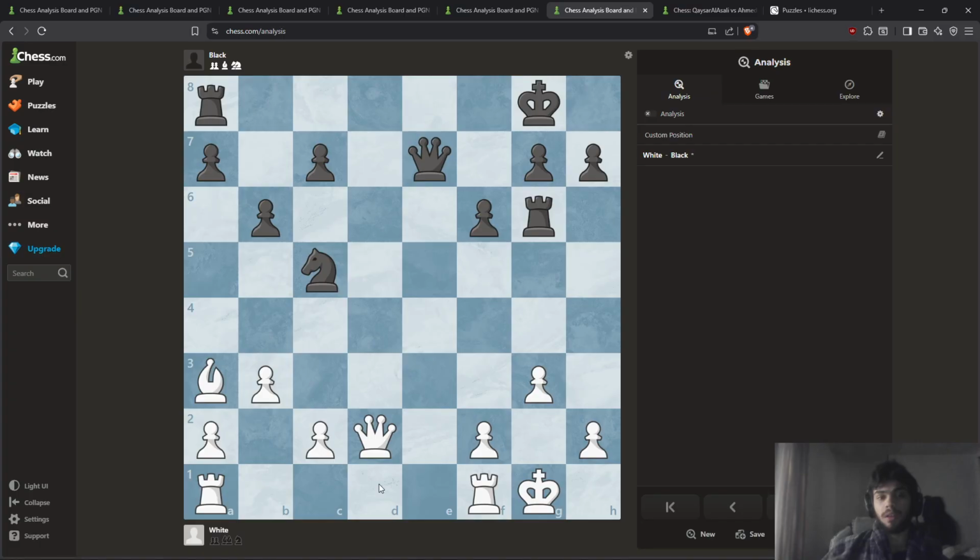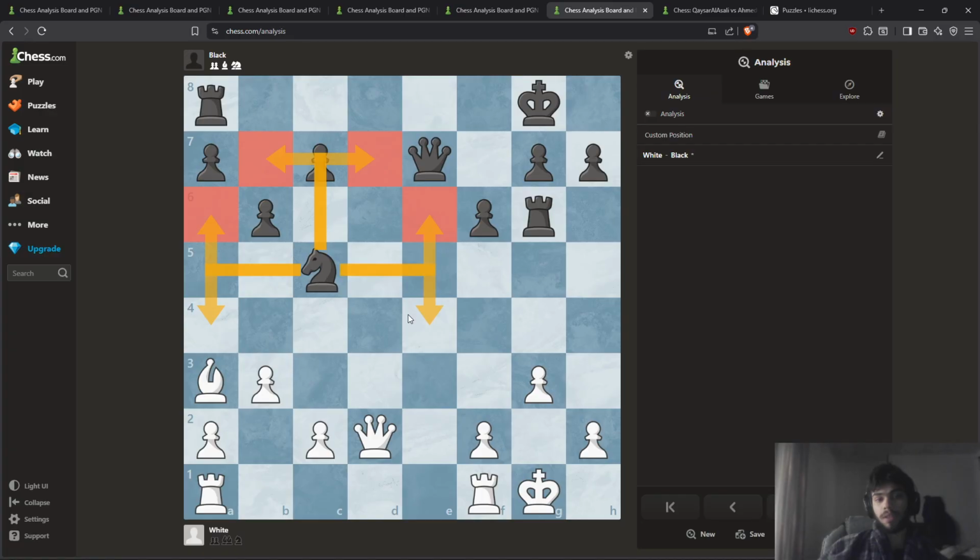Okay, so what I notice, as someone who's quite experienced, is that here I have a pin. What does that mean? It means when a piece of lower value is in front of a piece of higher value. For instance, this knight cannot move if it's black's turn, because I would simply capture your queen.